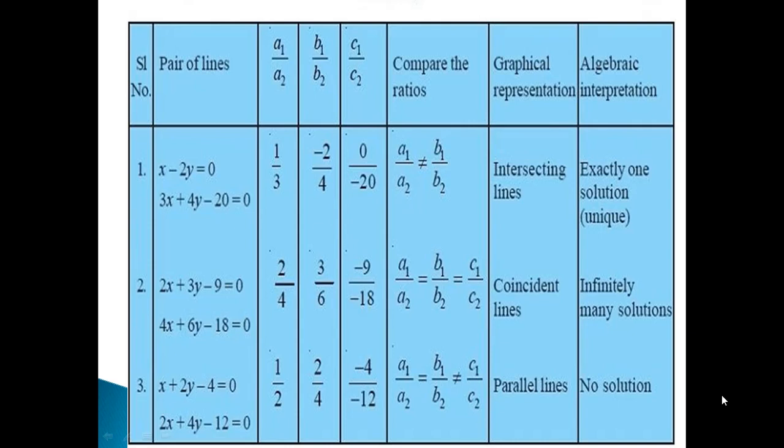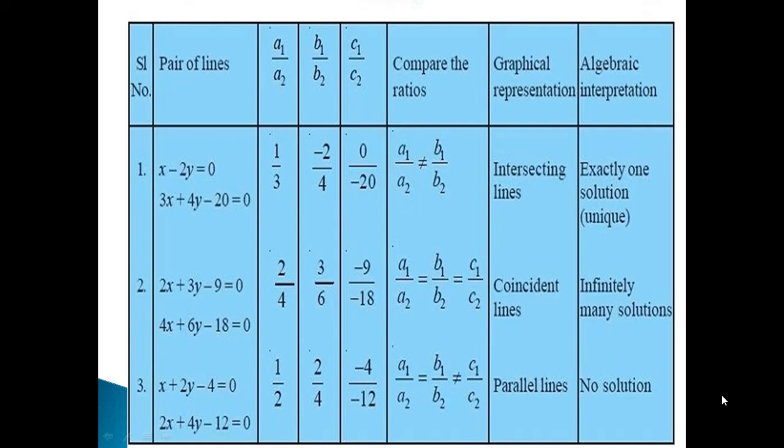All depend on comparing the ratios, that is a1 by a2, b1 by b2, c1 by c2. Is it clear? So repeat this again and again, and you must register this table in your mind.